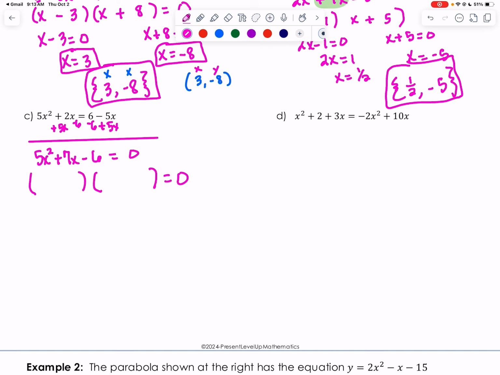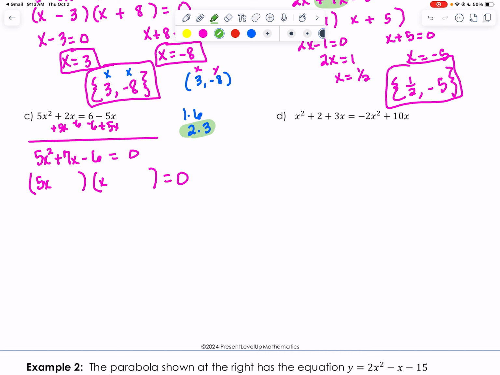All right, now we will factor the quadratic expression. So for our first term, 5x squared, the only thing we can use is 5x times 1x. Okay. Now for the 6, we can use either 1 times 6 or 2 times 3. So we're going to have to use a little guess and check here. Now when I'm using guess and check, I try the two factors that are closest together first, 2 and 3.